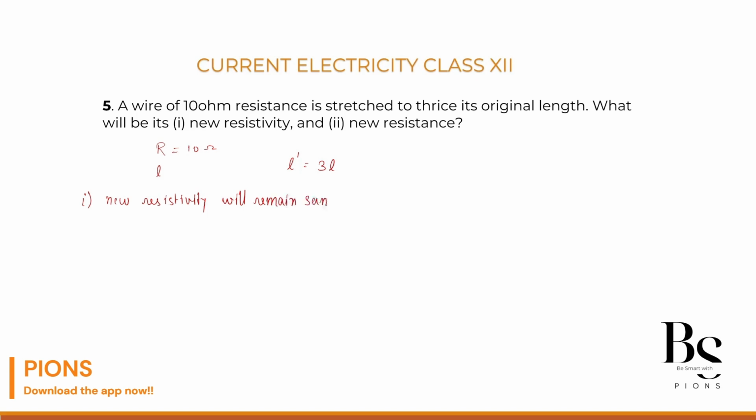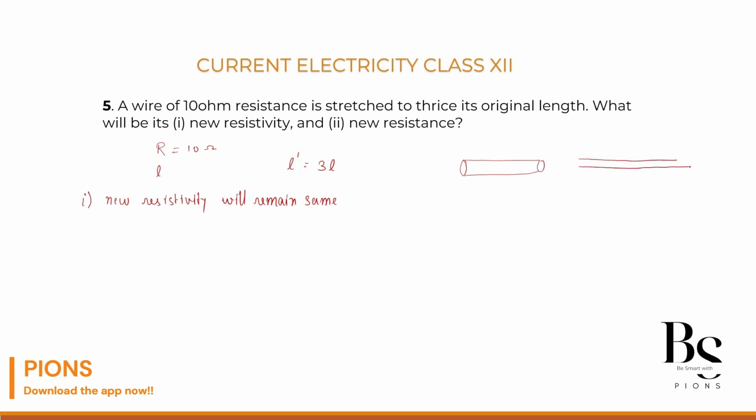So, sir, what about the new resistance? Now, the new resistance will change. Of course, it will change because the length is changing and because the area is also changing. We have learnt in class 11th that if you take any wire or any solid material and apply some force on this wire, its length might increase, in the chapter elasticity, solids.